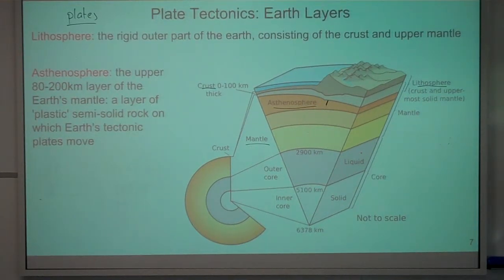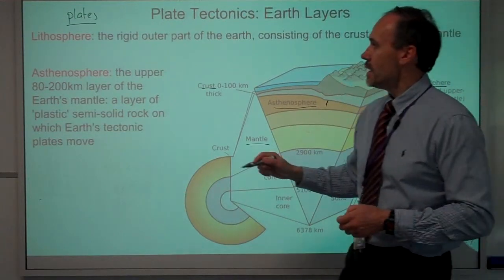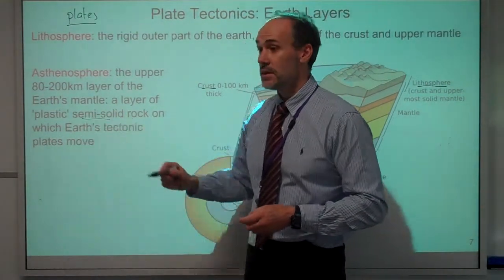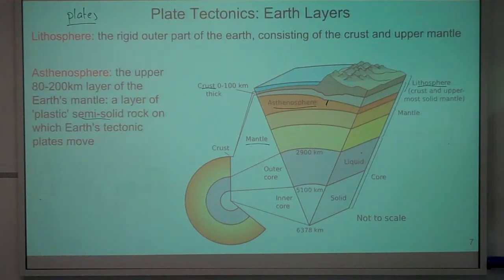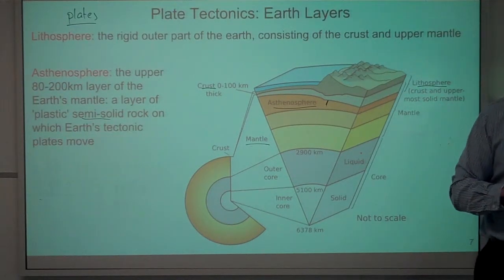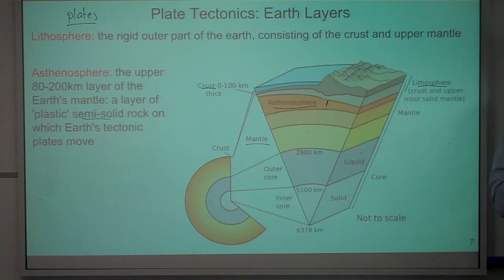If plastic is a problem, stick with semi-solid. The mantle itself is not solid, but it's pretty close to it. But the asthenosphere is more liquid again. And that is what the lithosphere, which is the crust and upper mantle, is moving across.